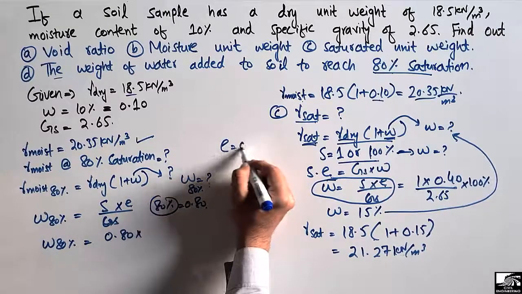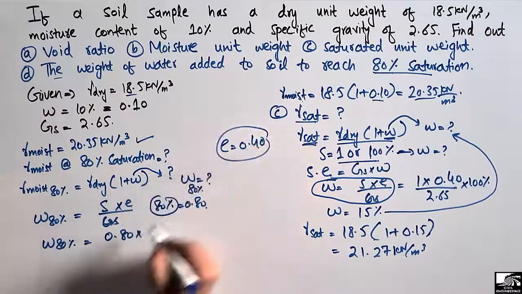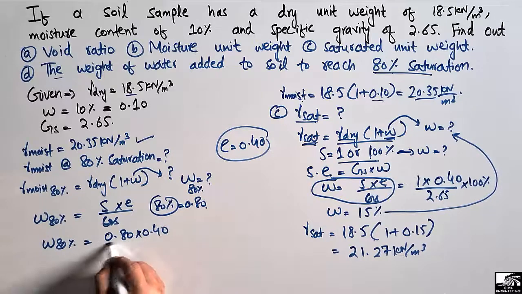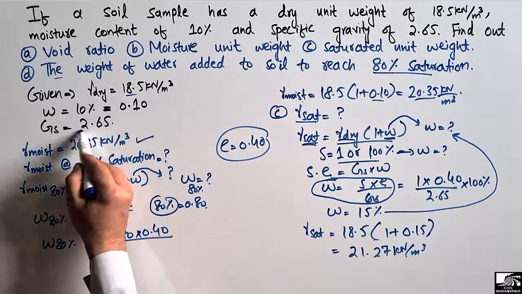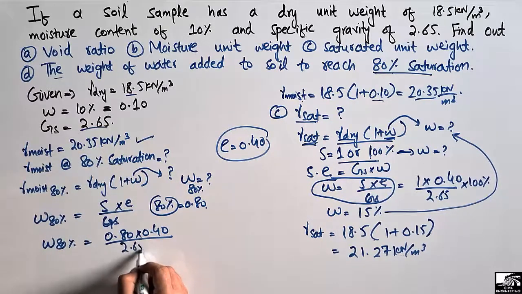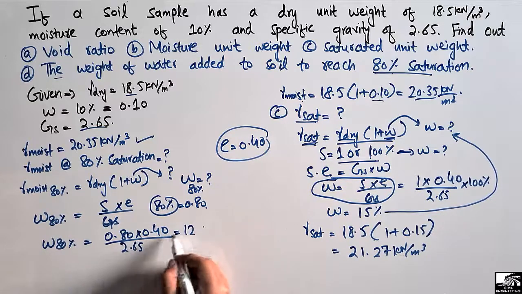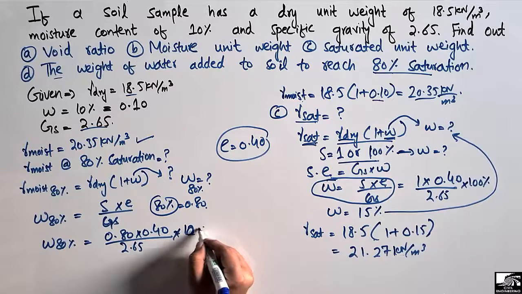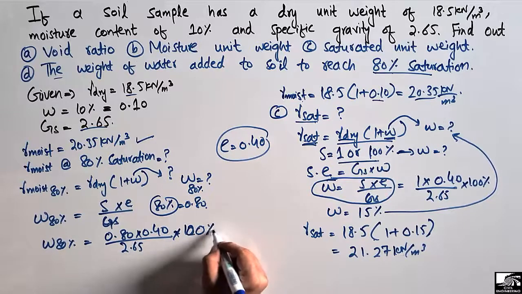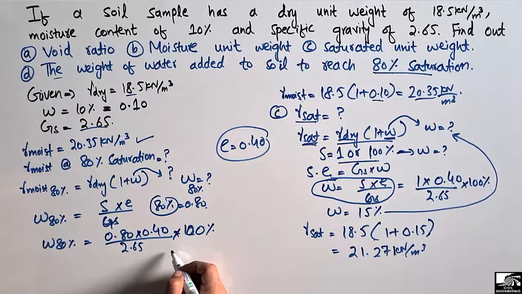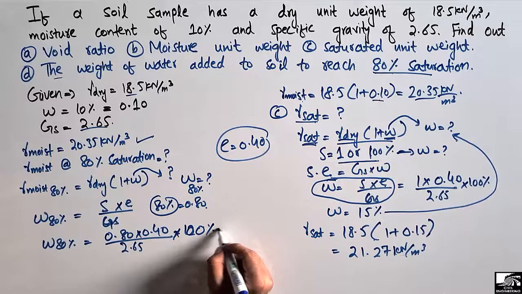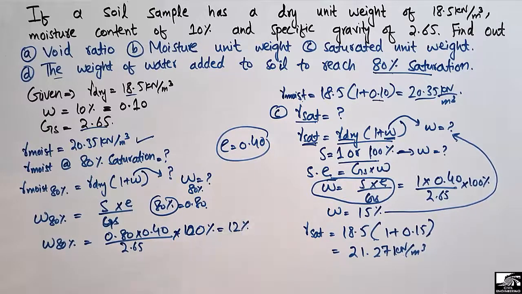It was 0.40, and Gs, the specific gravity for this soil sample, is 2.65. So we found out that the water content is 12%. We multiply this with 100 because water content is expressed in percentage. So we got 12% of the water content.